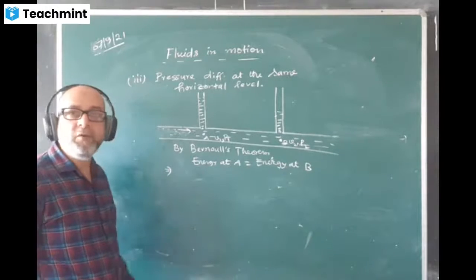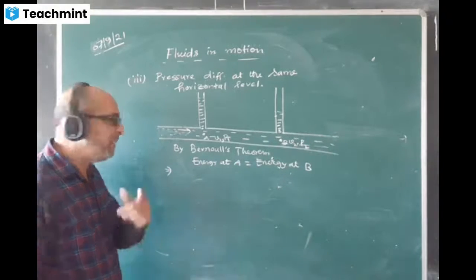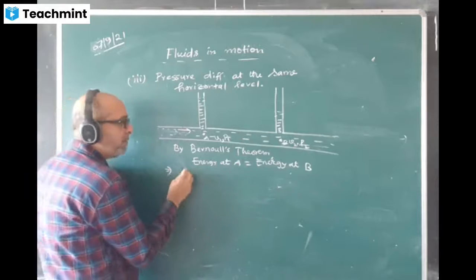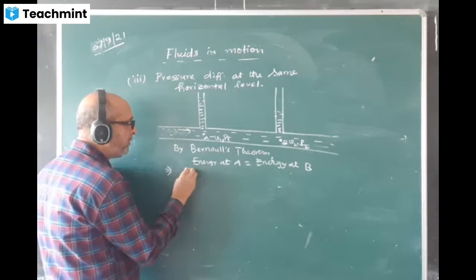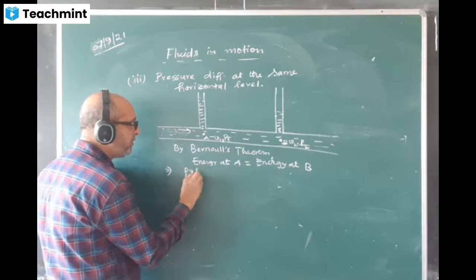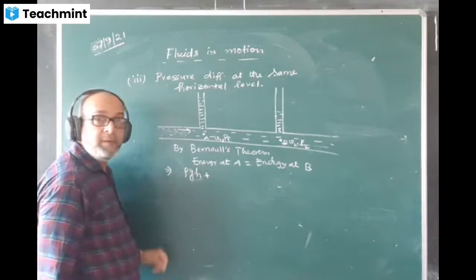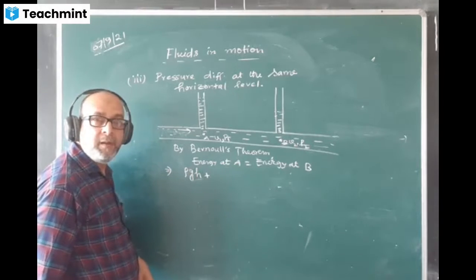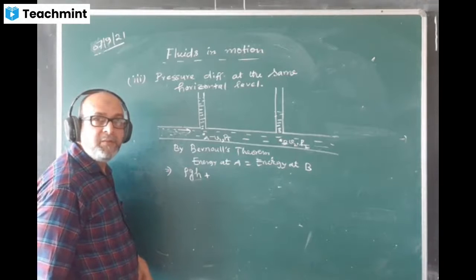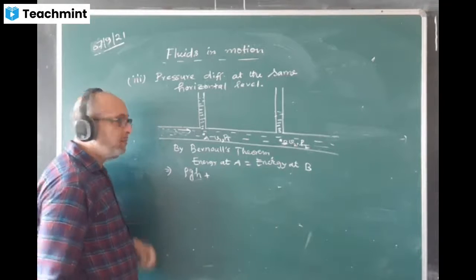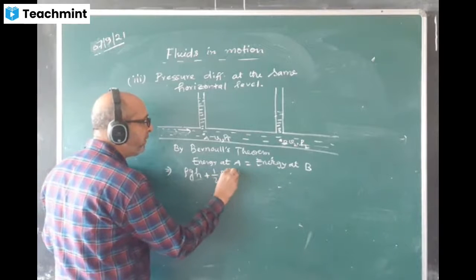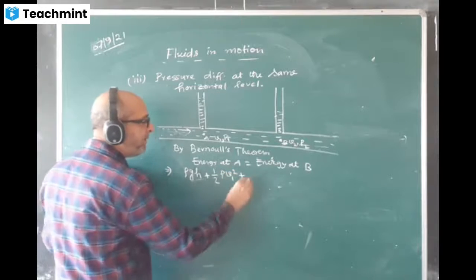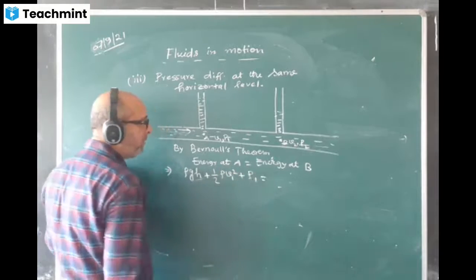We know there are always three types of energy. Potential energy, rho g h. Kinetic energy, half rho V1 square. And pressure energy is P1.